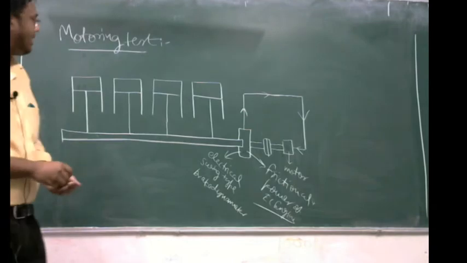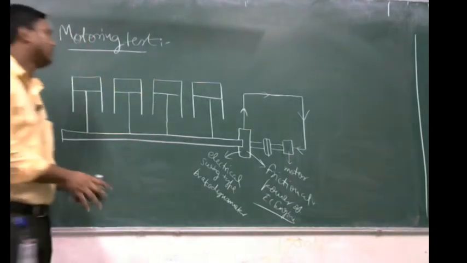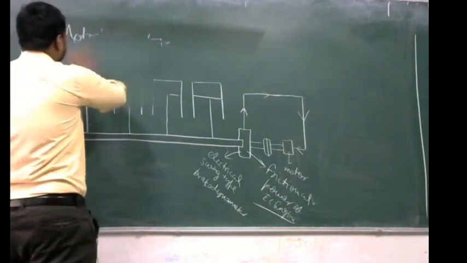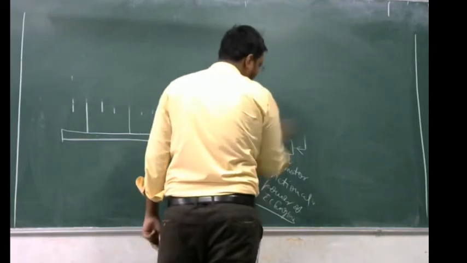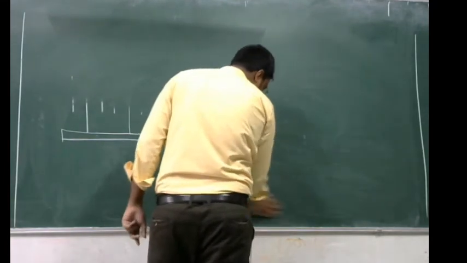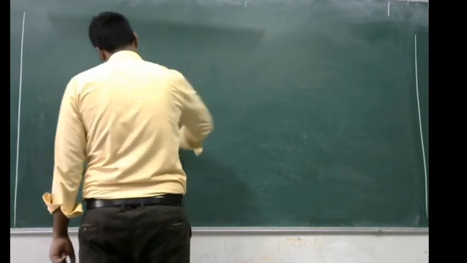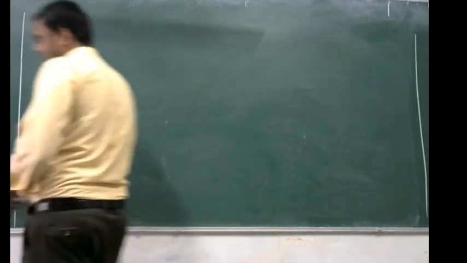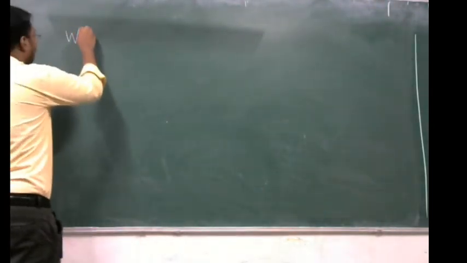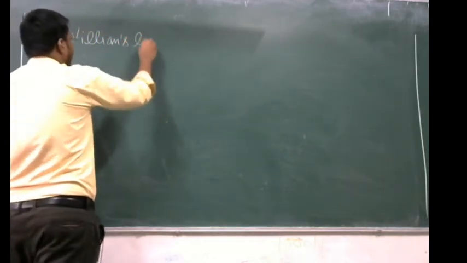There is another test to measure the frictional power, which is known as the Williams line method.